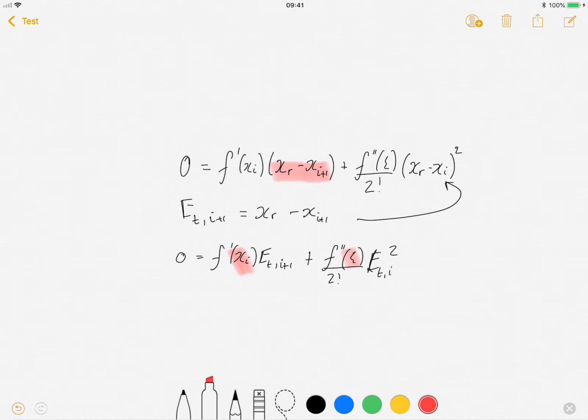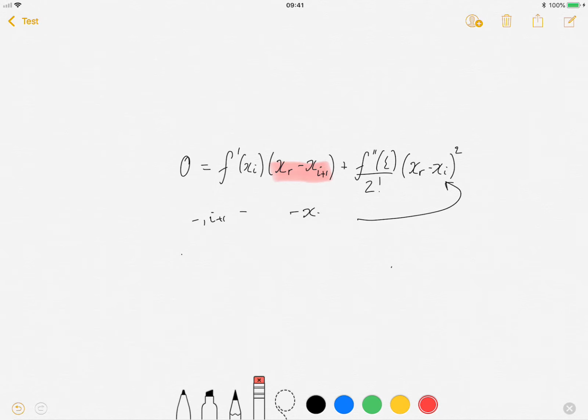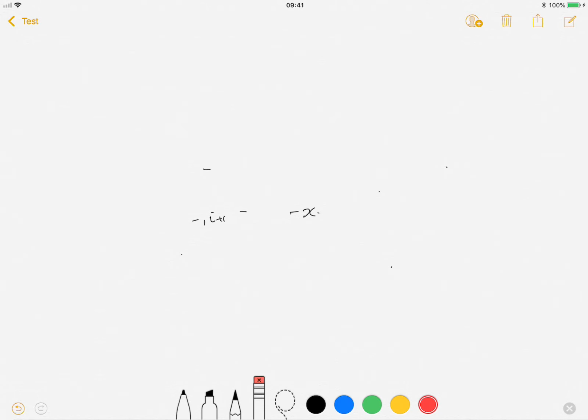So in other words, this equation can be rearranged to obtain the following: that the true error at i+1 is equal to negative f double prime at the root, divided by 2 f prime of x_r, multiplied by the true error at i squared.